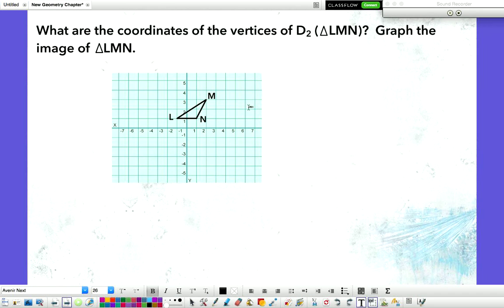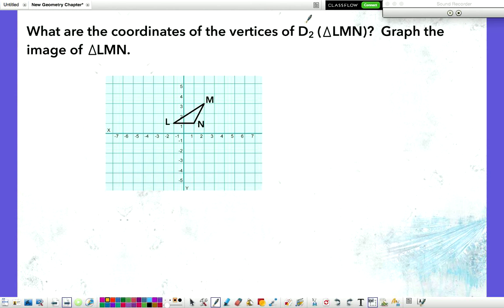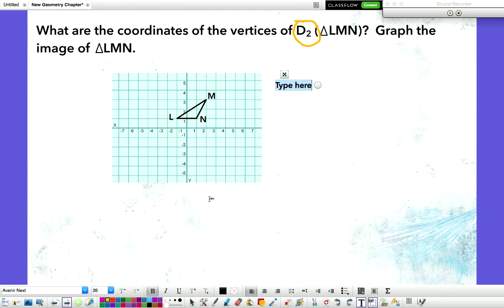All right, we want a dilation of 2 again. Okay, so my original coordinates are negative 1, 1, 2, 3, 1, 1.